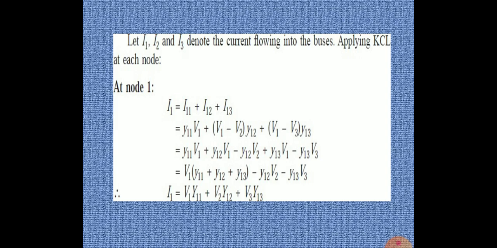Coefficients of V1 are Y11 plus Y12 plus Y13, coefficient of V2 is Y12, and coefficient of V3 is Y13. So the final current equation is I1 is equal to V1 Y11 plus V2 Y12 plus V3 Y13. This is the final equation for node 1.